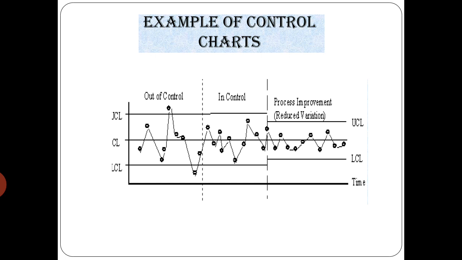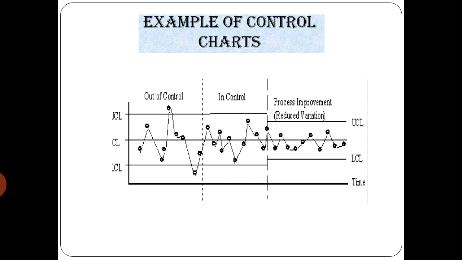LCL is the lower control limit, CL is the central line, and uppermost is the upper control limit. If the data is represented outside the upper control limit or lower control limit, that is, if it is below the lower control limit or above the upper control limit, it is said to be out of control.